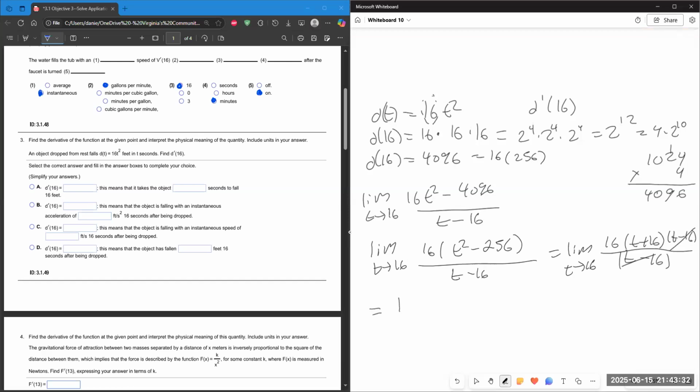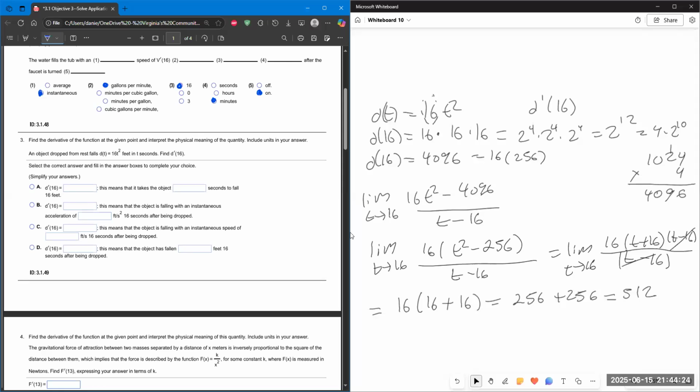So our limit is going to be 16 times 16 plus 16, which is 256 plus another 256, or 512. So we have instantaneous speed.